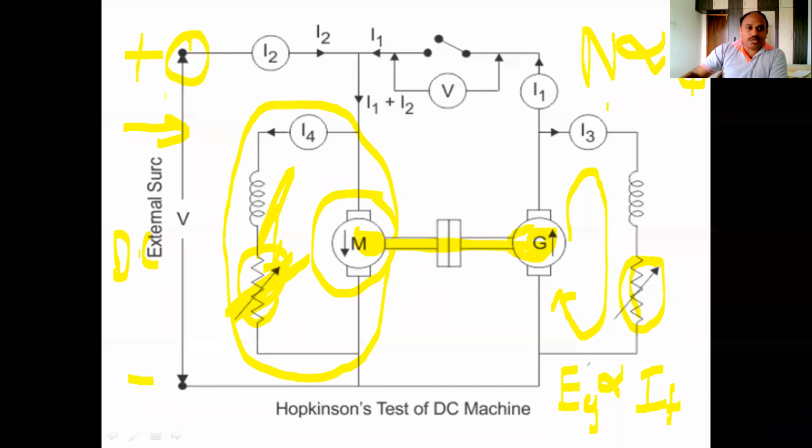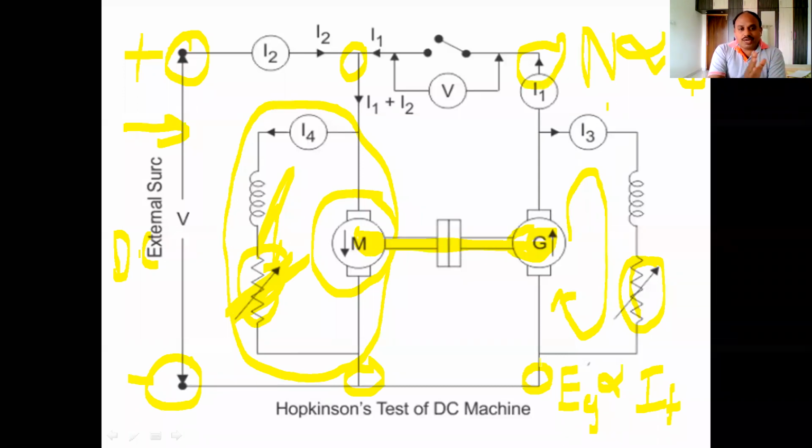So this is the source voltage, this is the motor terminals, and this is the generator terminals. That means the source terminal, motor terminal and generator terminal are at the same voltage.